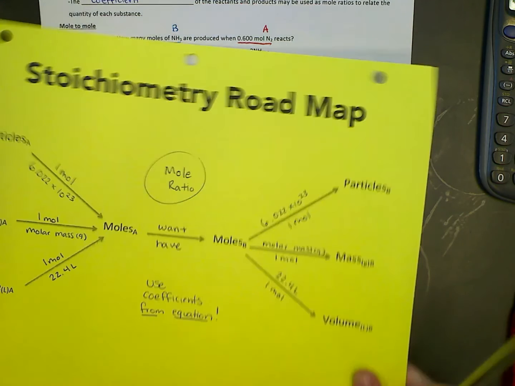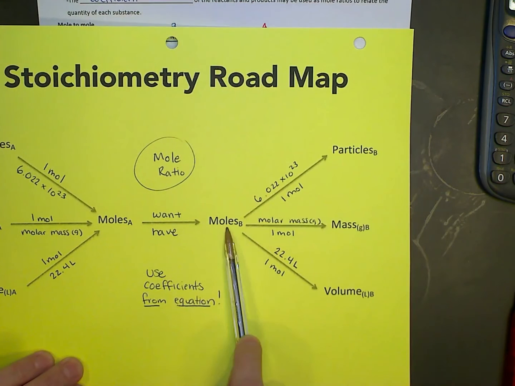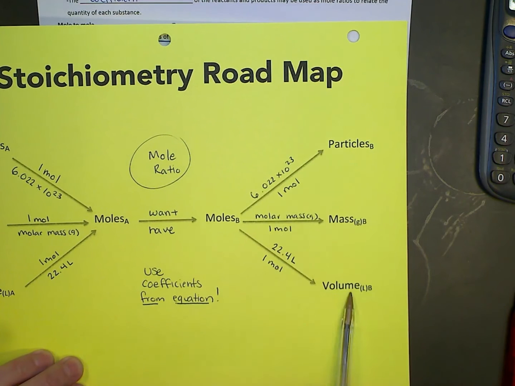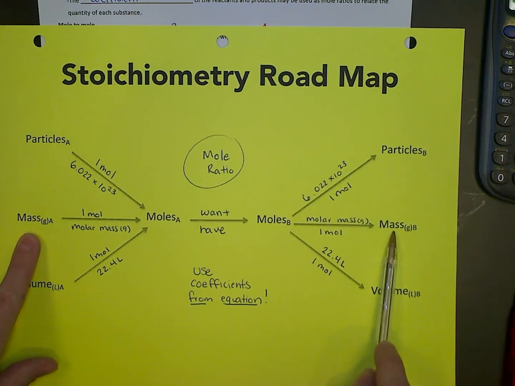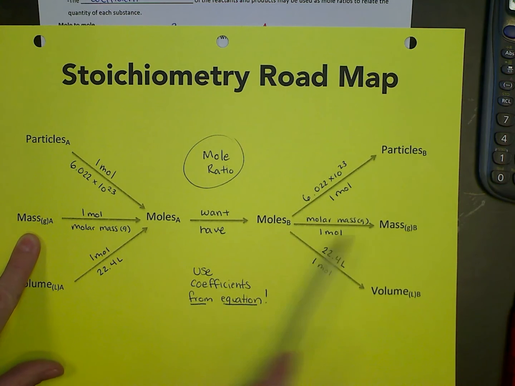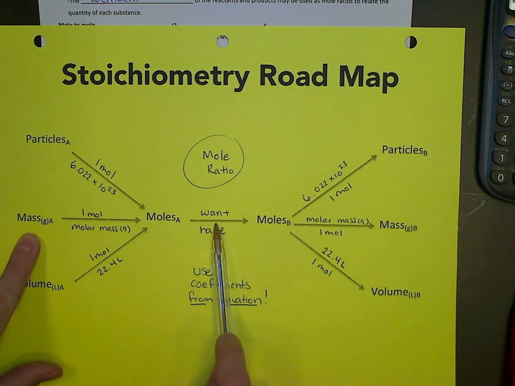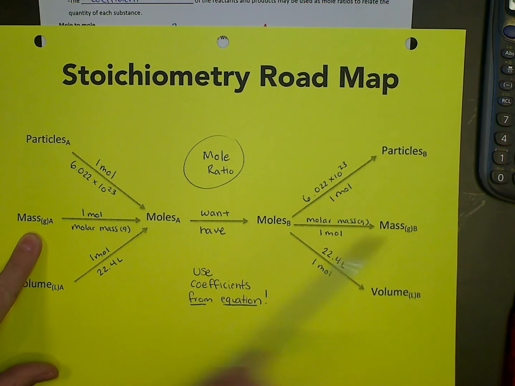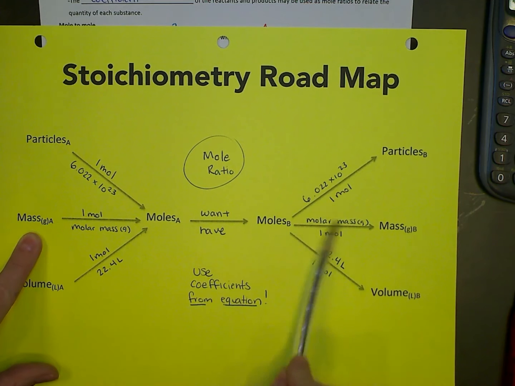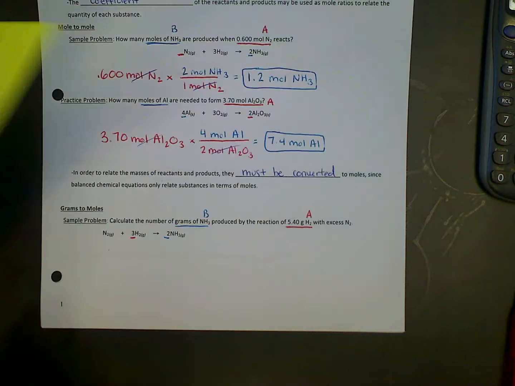Is that moles, particles, mass, or volume? It's going to be mass as well. Now look at how many arrows are between the starting and the ending point. We've got 1, 2, 3 arrows, which means we're going to do 3 different conversions. The cool part is, using this roadmap, we already know what the 3 conversions are going to be. They're already labeled.